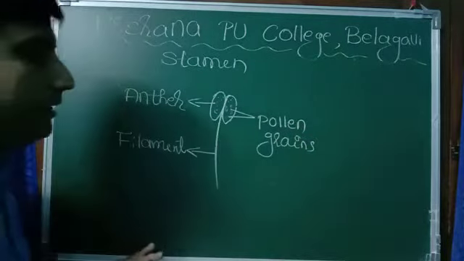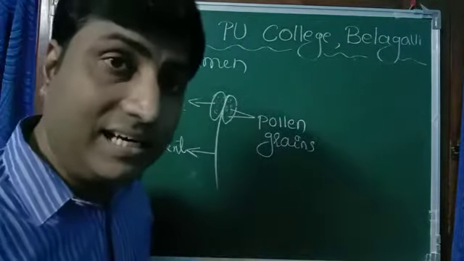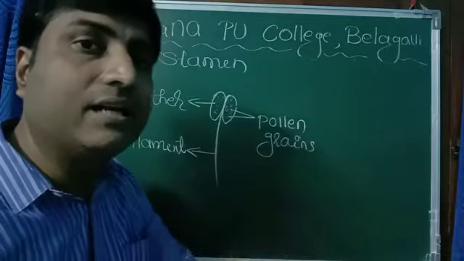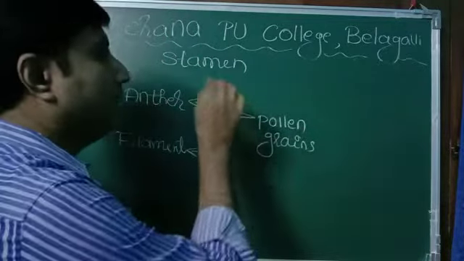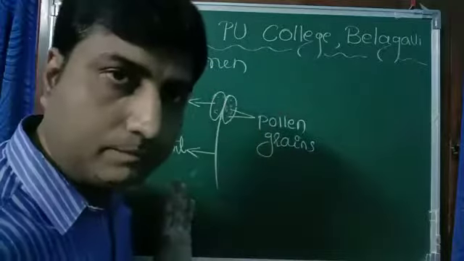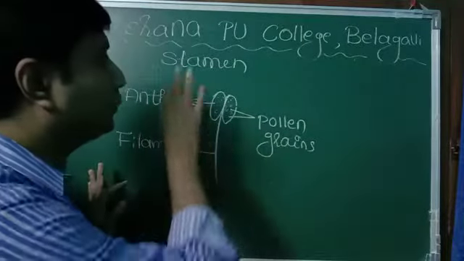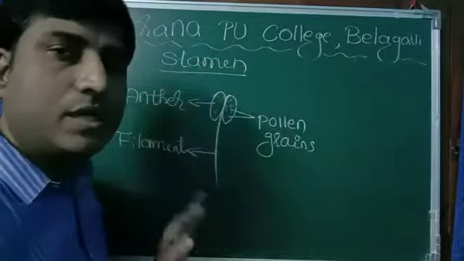Inside the pollen grain, it contains male gametes. So this is the male reproductive structure, the stamen.